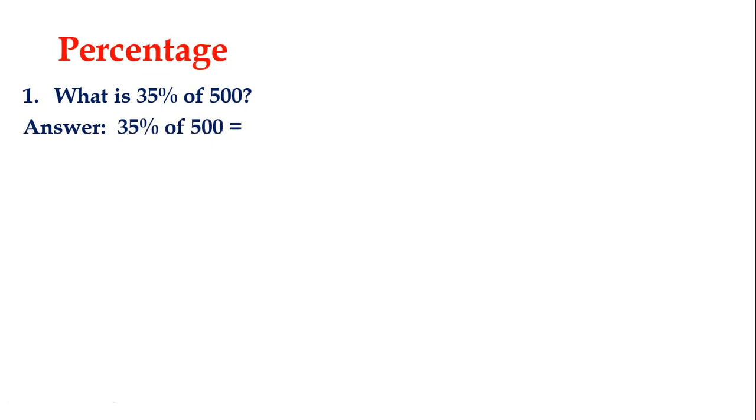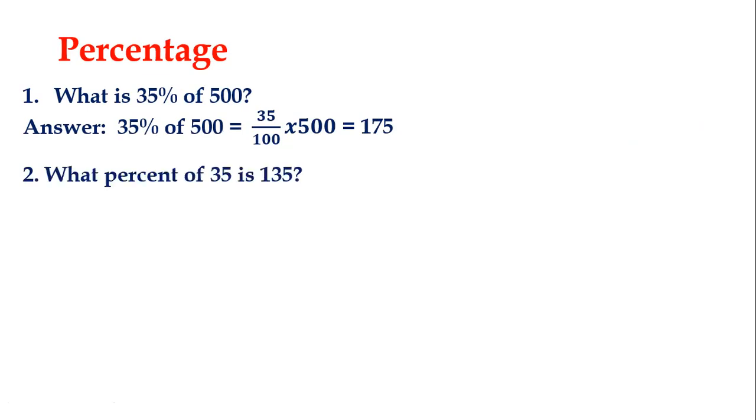So 35% of 500 is nothing but 35 by 100 multiplied by 500. I am going to simplify this: 500 and 100, so this will become 5. 35 multiplied by 5 is nothing but 175. Understand the idea?